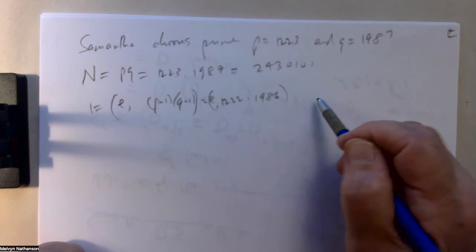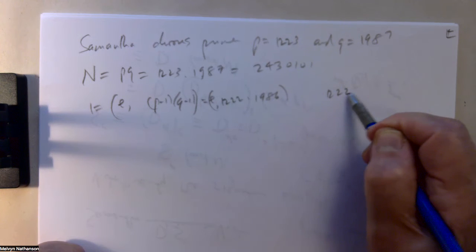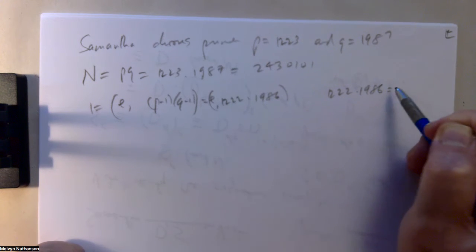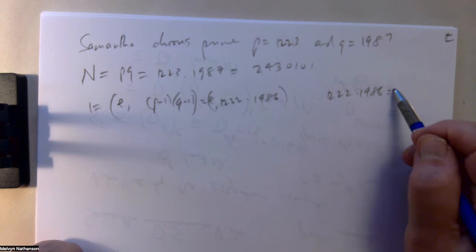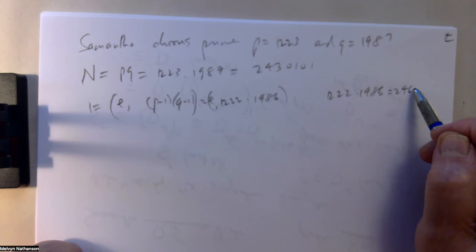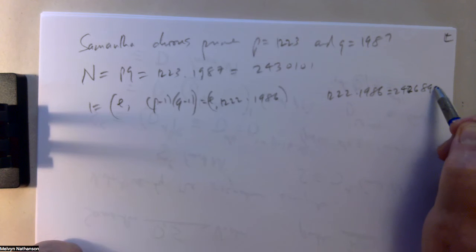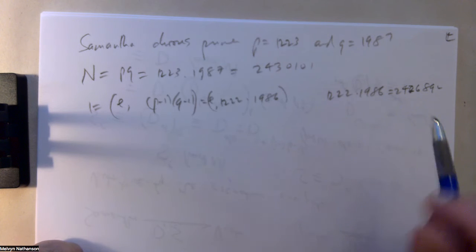So this product is actually 1222 times 1986. It's 2,426,892. And I want to choose a number E that is relatively prime to that.